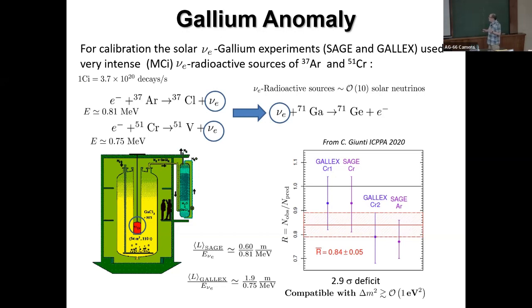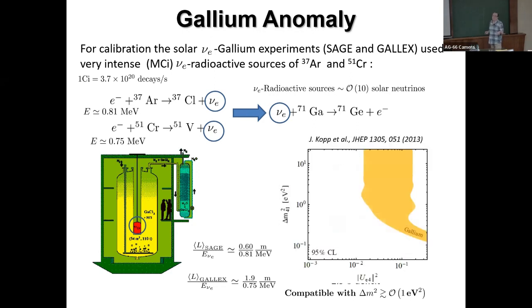This is the average of all the data. In principle, what happened here? Well, we have a deficit, a 2.9 sigma deficit. How can we explain the deficit? With the hypothesis of sterile neutrino. And this is the allowed region that covers the solution using sterile neutrino for the gallium experiment.